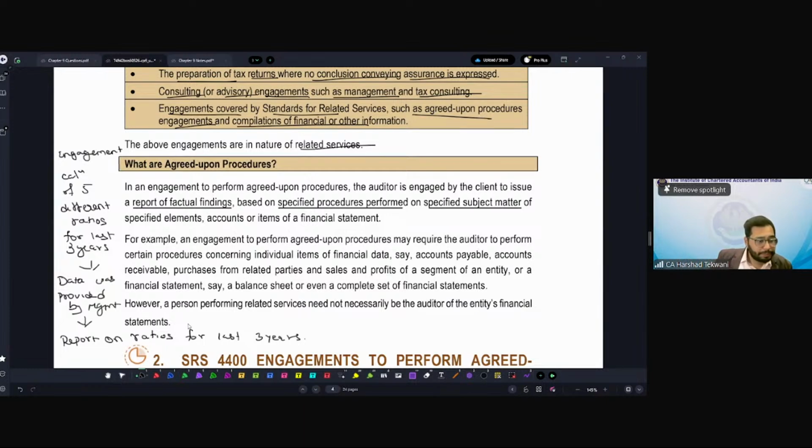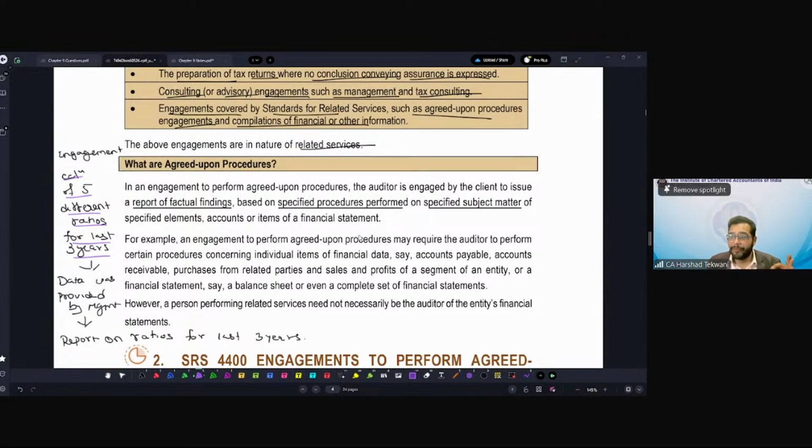The reason is that this calculation of 5 different ratios for the last 3 years is nothing but an agreed upon procedure. The procedure that I will perform is agreed with the management or whomsoever has appointed me. Clear?